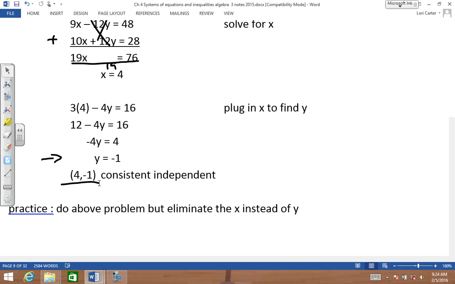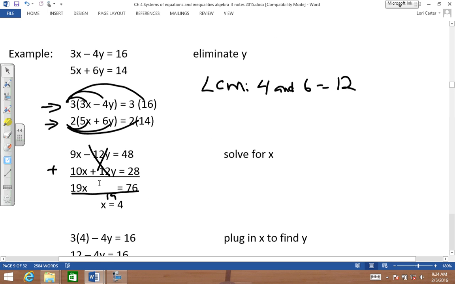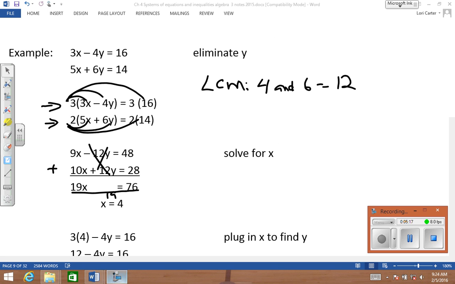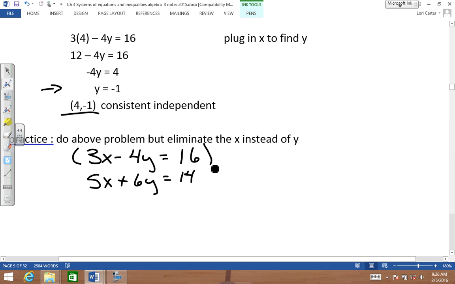Okay, same problem, but this time instead of getting rid of the y, get rid of the x's. Here, I'll put it back up so you can see it. What did you multiply by? Top one by?